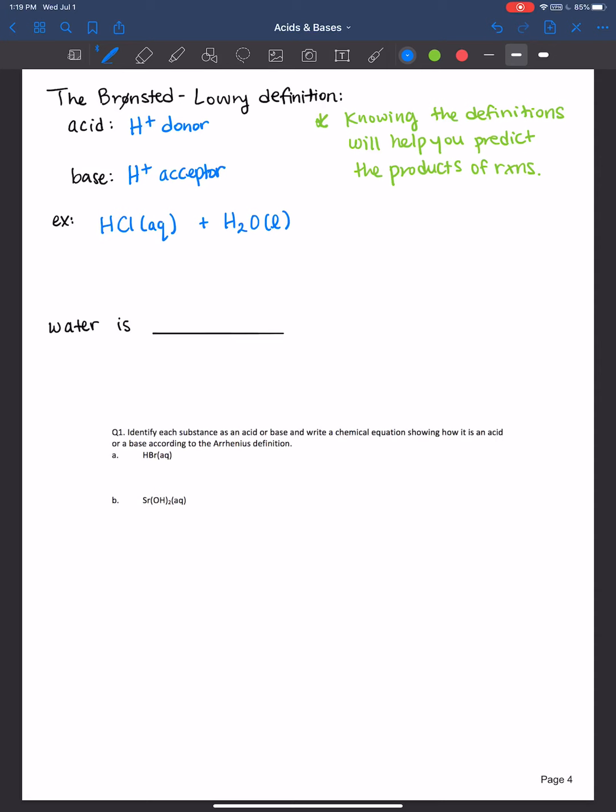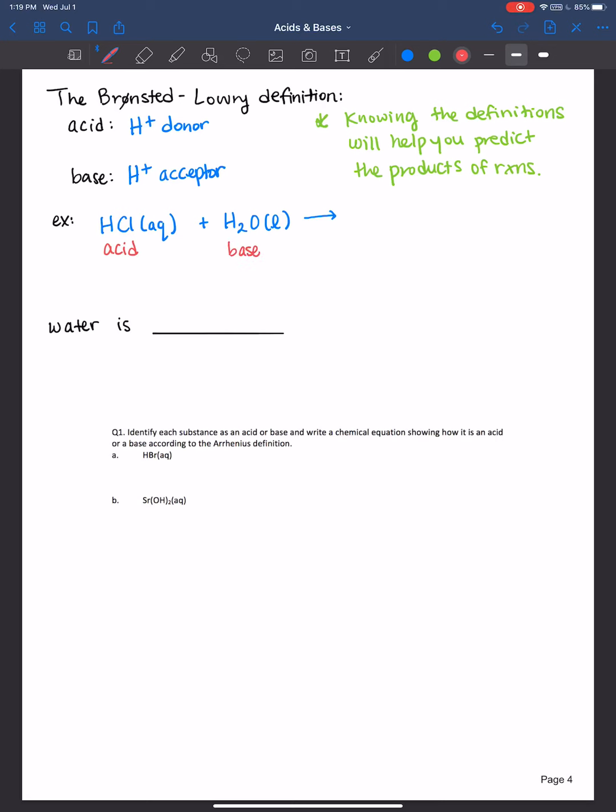We also know that hydrochloric acid is one of the strong acids, so we're going to use this arrow here going straight forward. So the very first thing I do when I have to predict products of a reaction is I identify my acid. And in this case here, water has to act as a base.